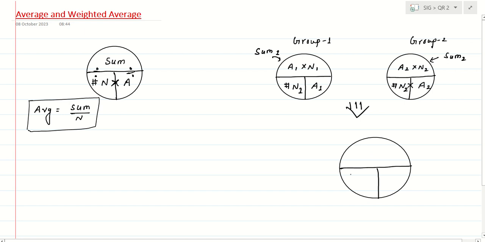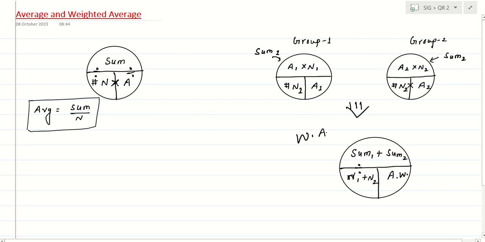It equals sum 1 plus sum 2, which means A1 into N1 plus A2 into N2, divided by N1 plus N2. And that is called weighted average.